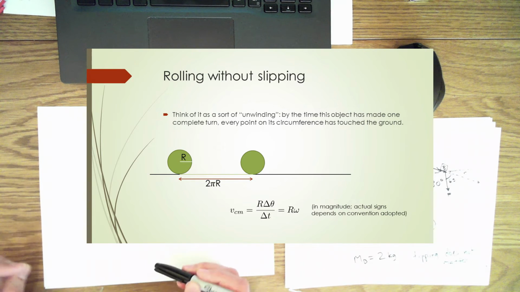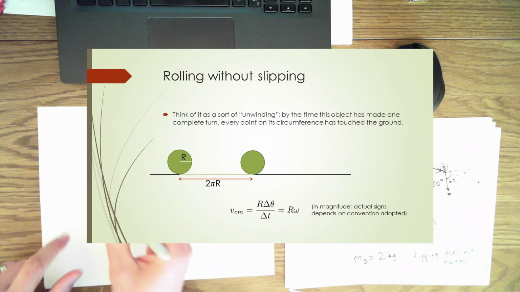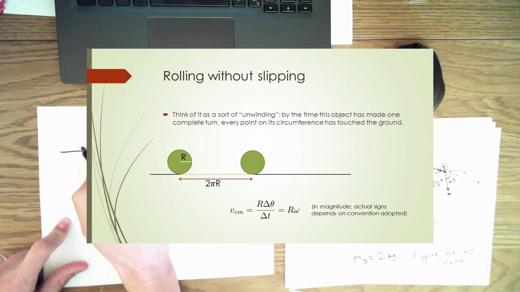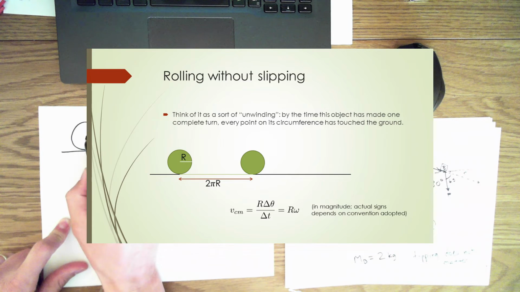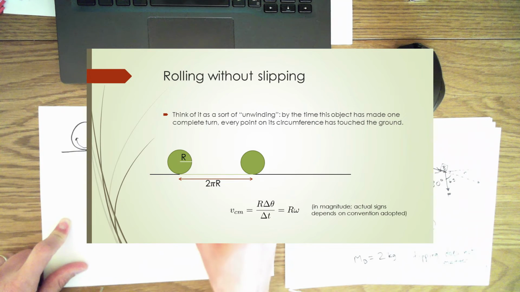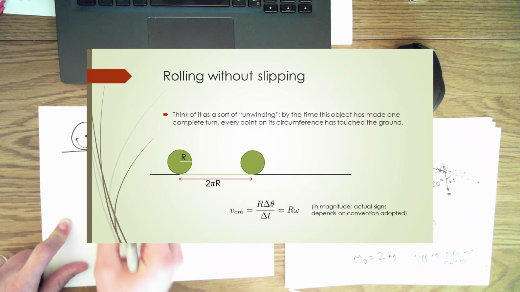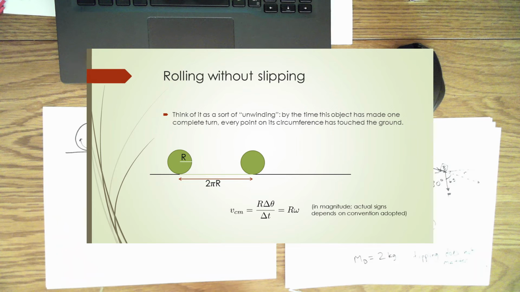These ones are also developed in the textbook. So on this slide, the point that I would like to make is that if you want to keep track of the center of mass speed, again, we're going to imagine something round rolling along in this direction. So if you keep track of the center of mass position, it's this point, it's going to be moving in this direction, and it's going to have some center of mass velocity.